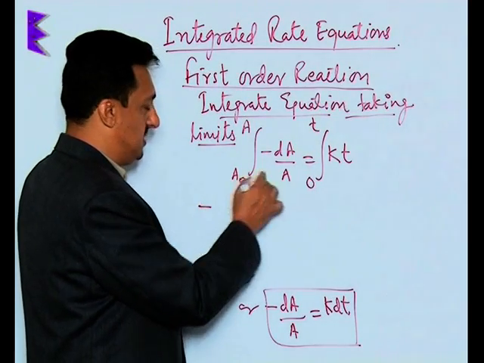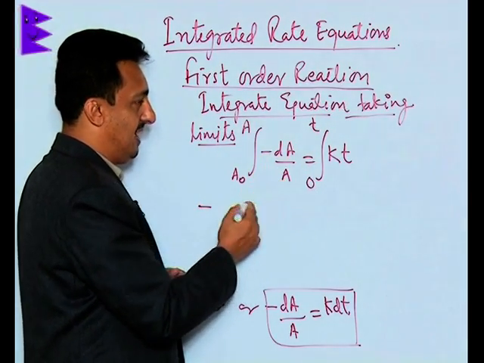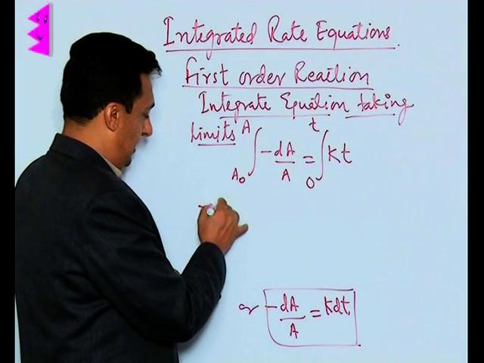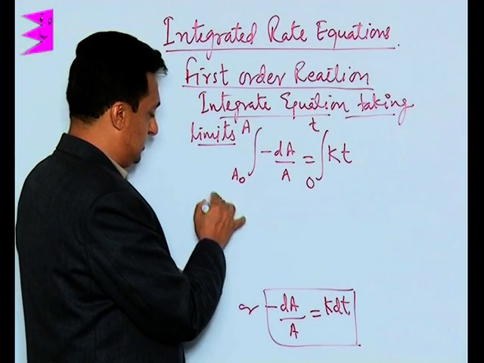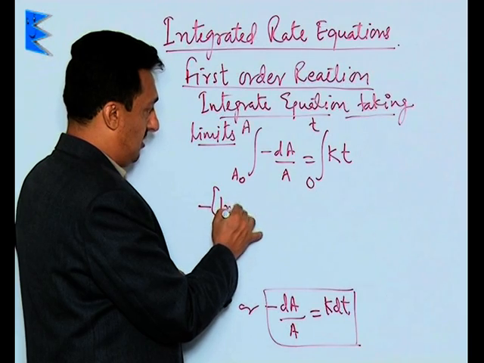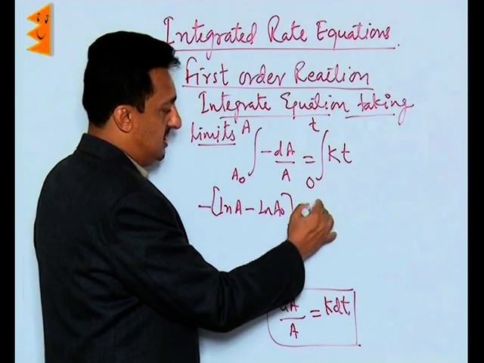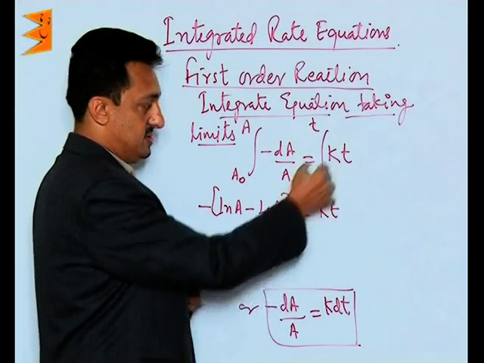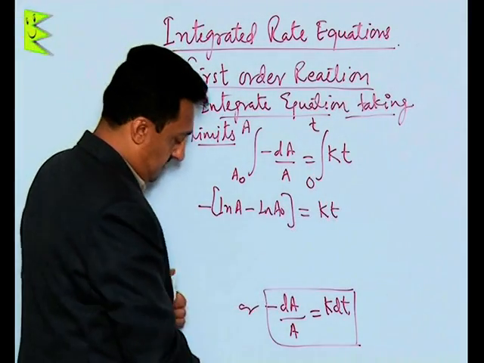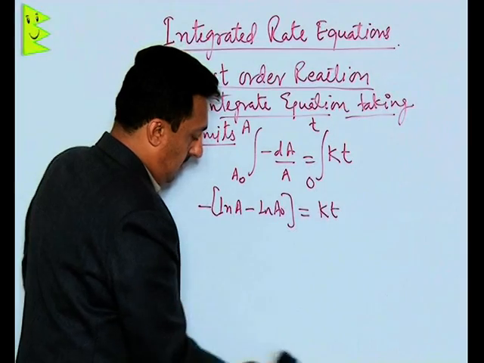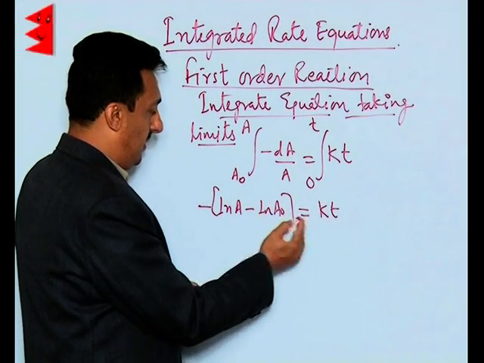So what we do is we know the integration of d[A]/[A] is natural log of A. So this is minus natural log of A minus natural log of A naught is equal to Kt, because the other will become 0. Now we can open this up.